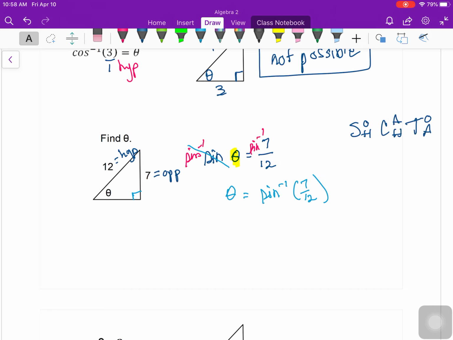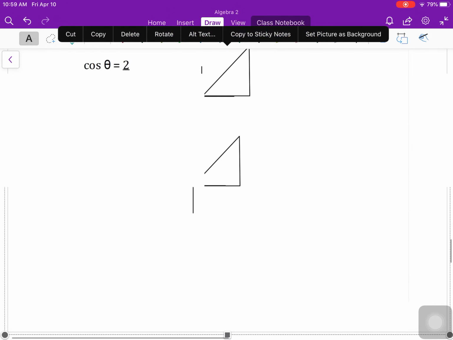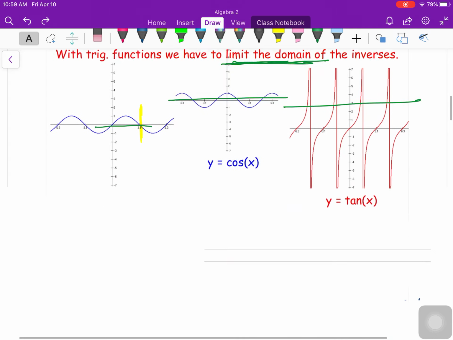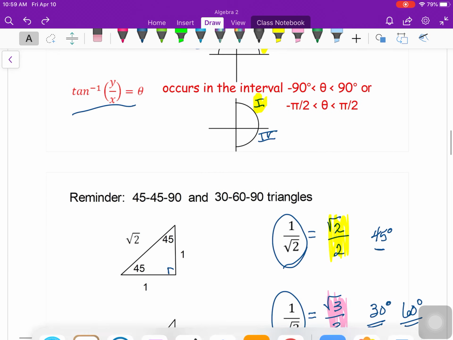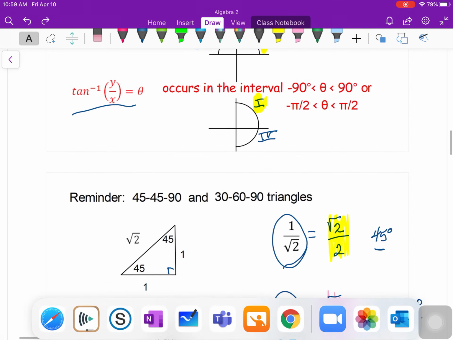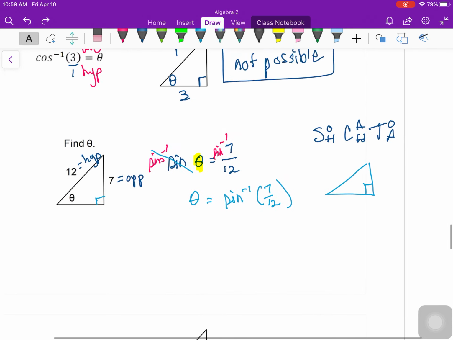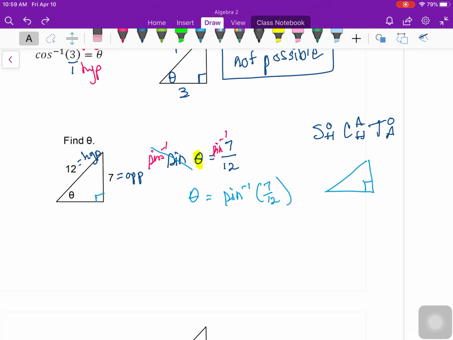And again, make sure your calculator's in degrees, and you get theta equals 35.7 degrees. Let's see if I find it here again. There we are. Theta equals 35.7 degrees.